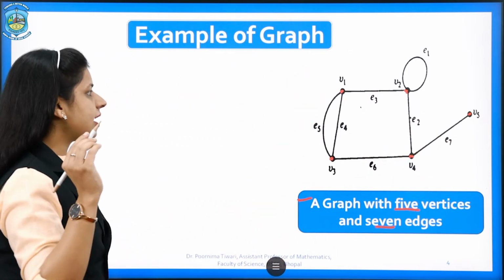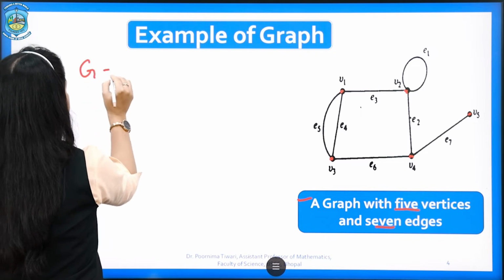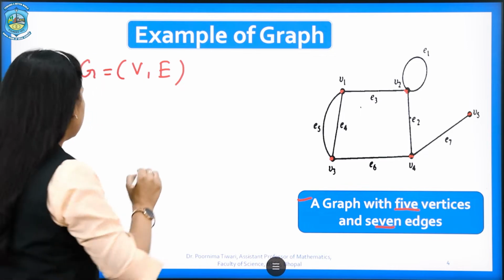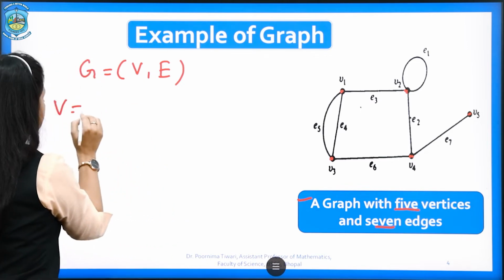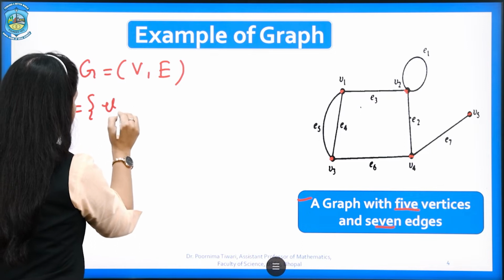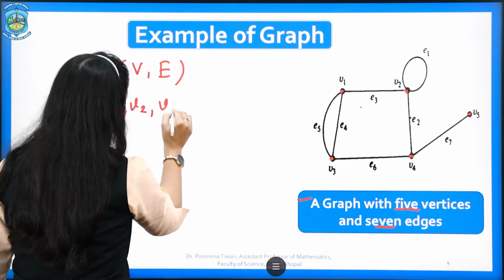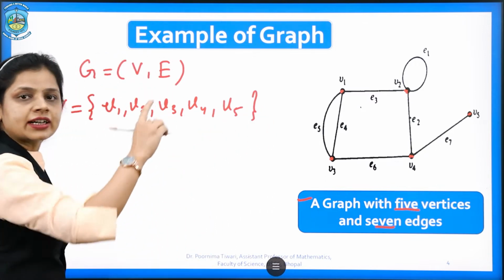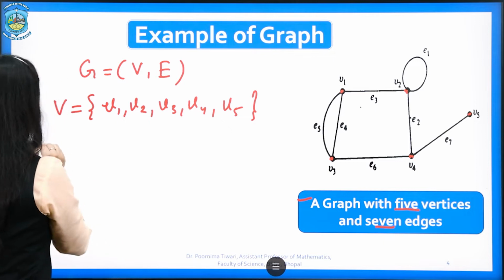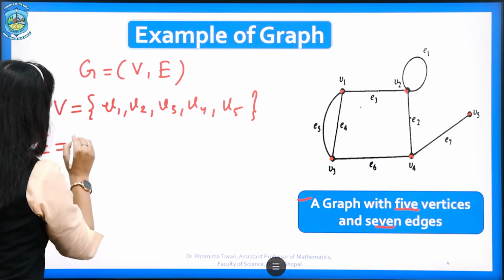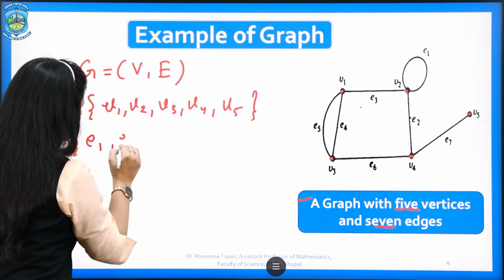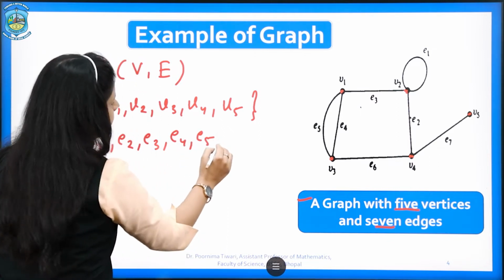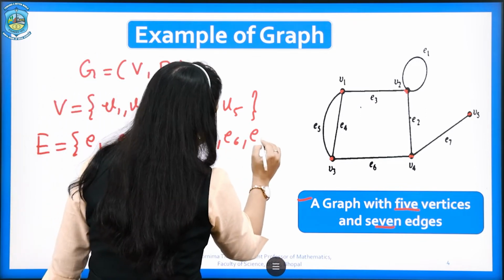When we write this graph mathematically, we will write it as G equal to ordered pair of V, E. This set of vertices has elements V1, V2, V3, V4 and V5, the vertices of this graph. Set of edges has elements E1, E2, E3, E4, E5, E6 and E7.